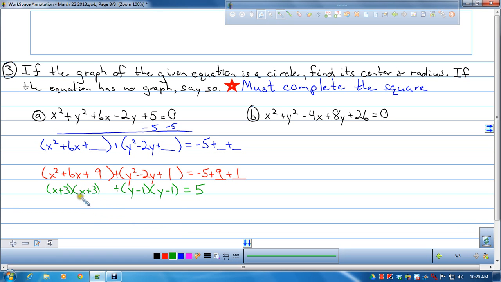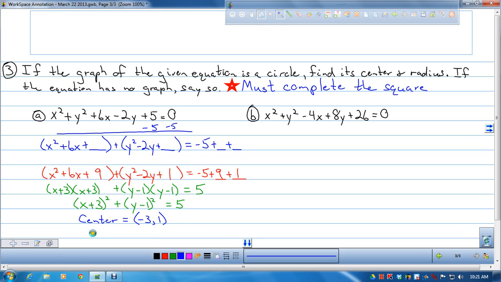Okay, so let's write this in the form of a circle. X plus 3 squared plus y minus 1 squared equals 5. And I can give my final answer now. The center of this circle would be at negative 3, 1.